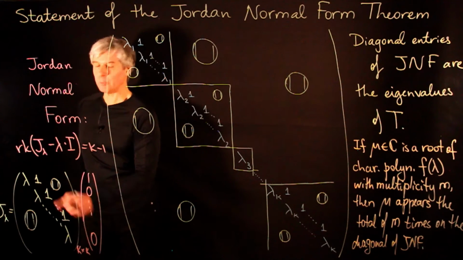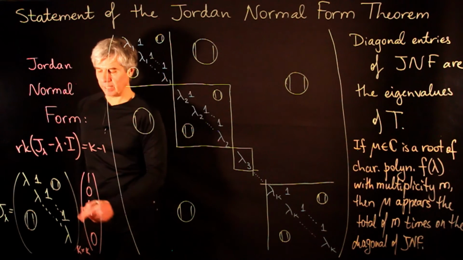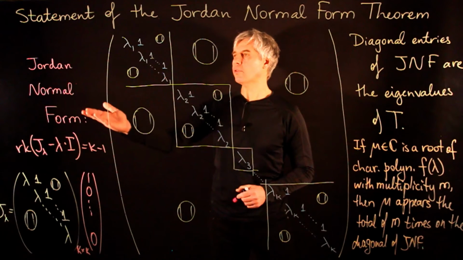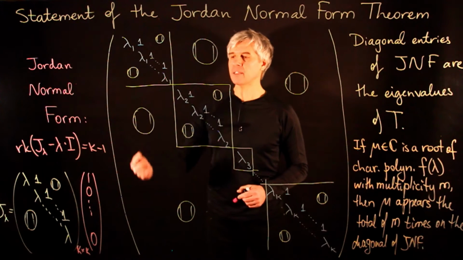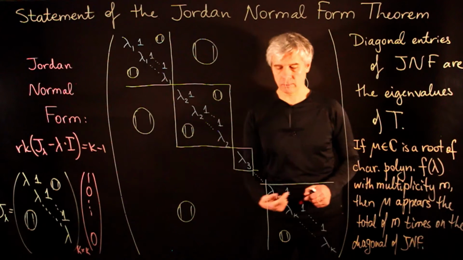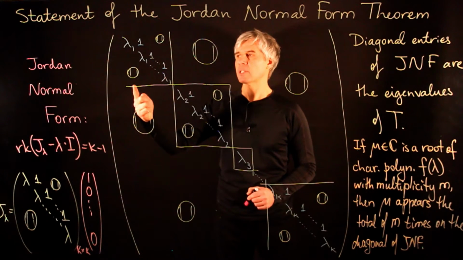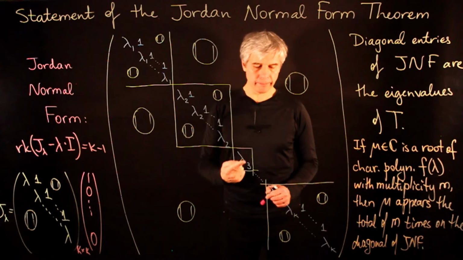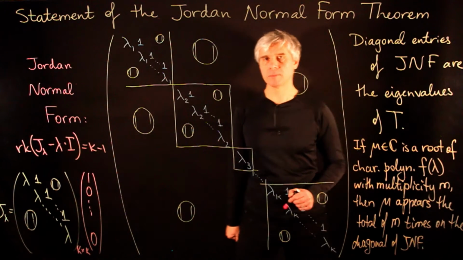And we also see that this matrix has a single eigenvalue. In general, this tells us that the Jordan normal form has one eigenvector per Jordan block. The eigenvectors will be basis vectors that correspond to the first column in each Jordan block.